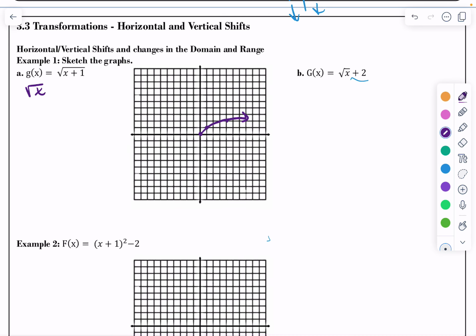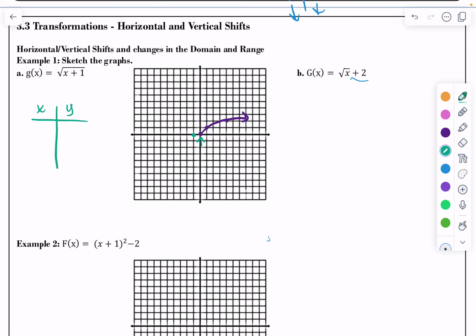And now let's talk about shifting it left 1, because I was making no sense earlier. From my origin, I'm just shifting left 1, so it's just starting here. In your table, you can have your x and your y.